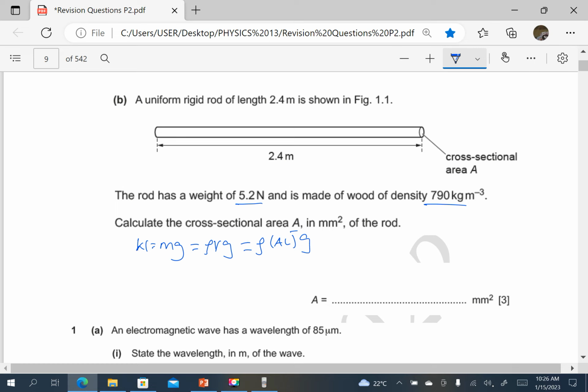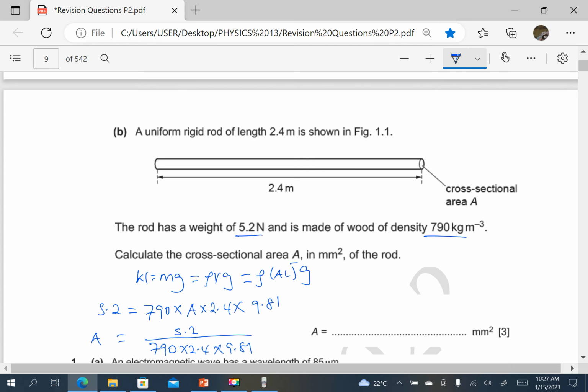So now it becomes easy for me to find the cross-sectional area. I'm just substituting the weight. Weight is 5.2, equaling the density, which is 790, times the cross-sectional area. The length is 2.4. g is 9.81. So I just divide. Cross-sectional area is going to be equal to 5.2 divided by 790 times 2.4 times 9.81.